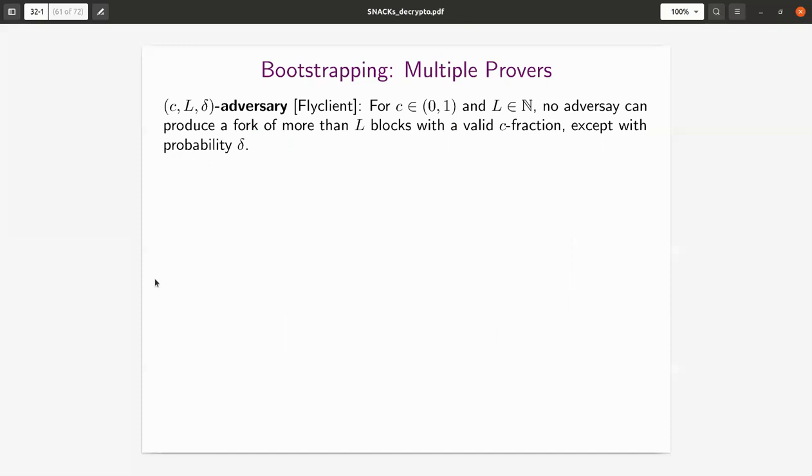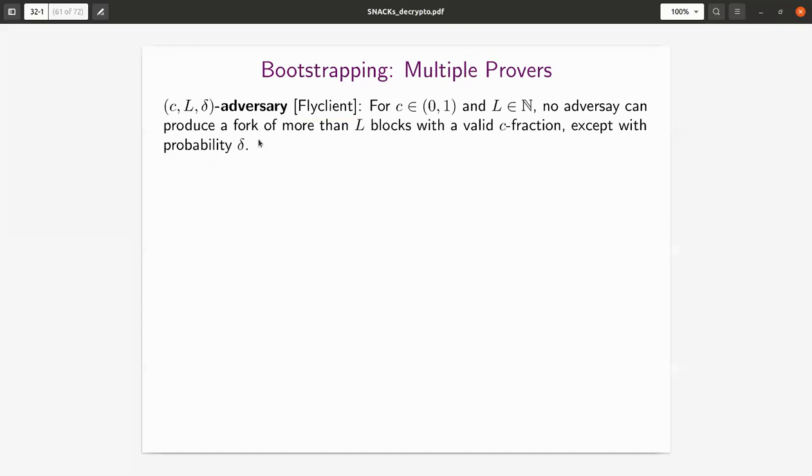I will first show you how to solve this problem in the multi-prover setting, in which we said that we don't want it. We want a classical proof system setting, but we'll come to this in the last slide. So we will rely on an assumption that was formalized in the Fly Client paper.